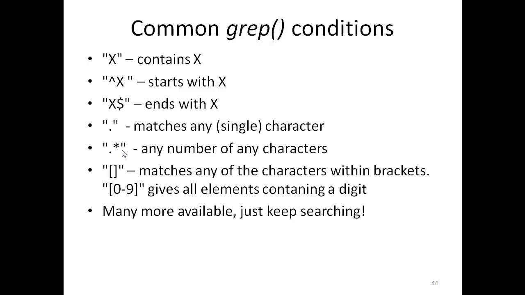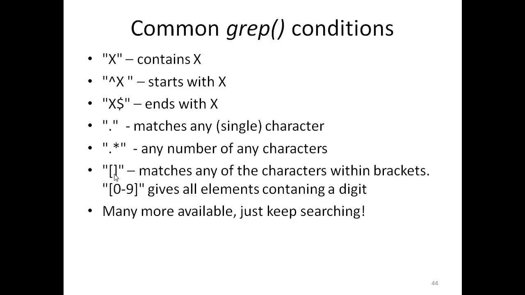If you're looking for any of a number of characters, for example ABC, you would accept any element containing an A or a B or a C or any combination of them. Then you can write brackets, and then between the brackets you indicate what characters you're looking for.